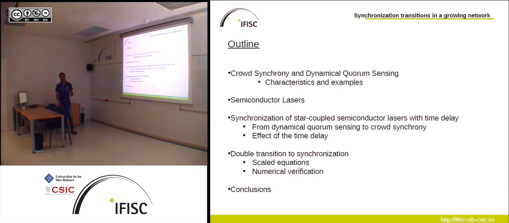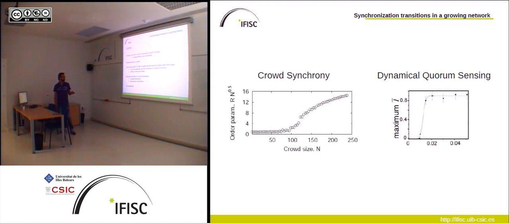I will give you some ideas about the analytic calculations we did in this work, showing that our equations can be rescaled to obtain two different approximations to these two transitions to the synchronized state. And finally, I will show the main conclusions of our work.